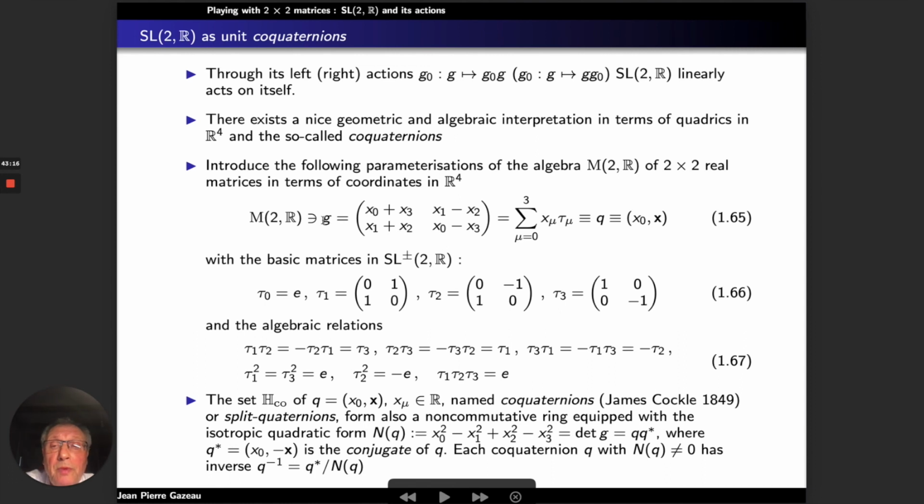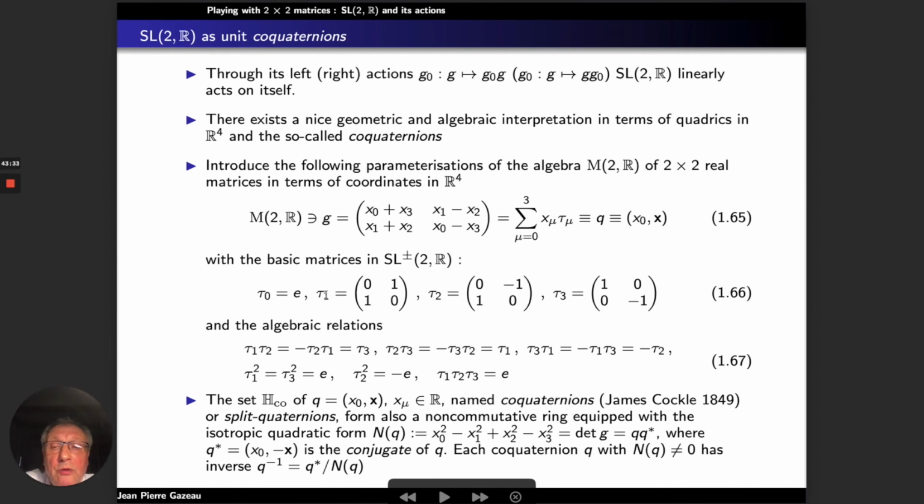So here we introduce a basis for the set of 2 by 2 real matrices, and this basis is made of the identity of the group SL2R.